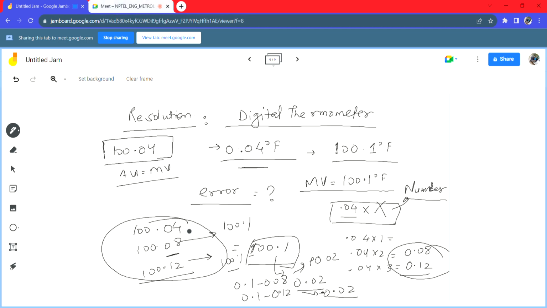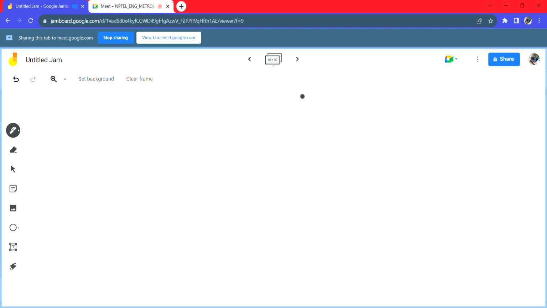Whoever was asking this question and saying that from minus 0.02 to 0.02, we will have a 0.04 error, no, this is not the case. We will have an absolute error of either plus 0.02 or minus 0.02, but there is no range of errors that we can calculate here. This is the maximum amount of error that can be identified from this. So the maximum amount of error in this case is 0.02.